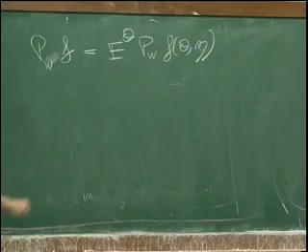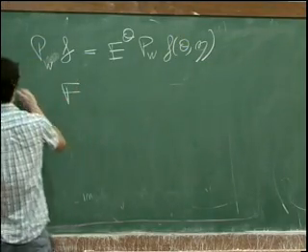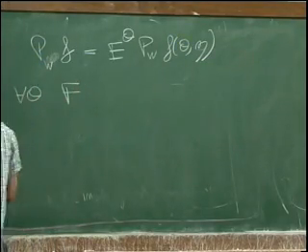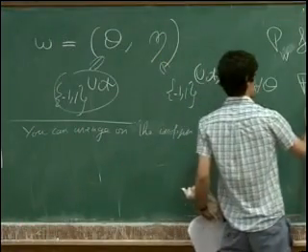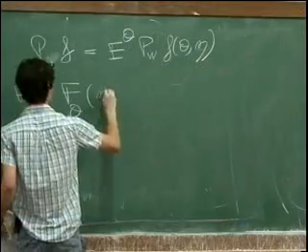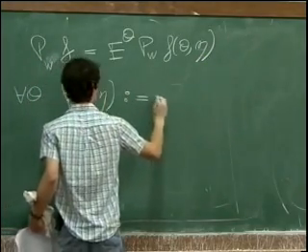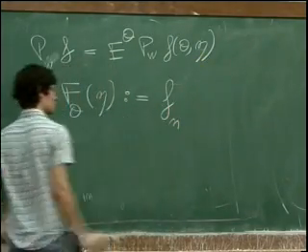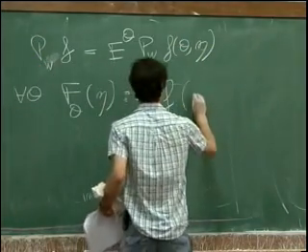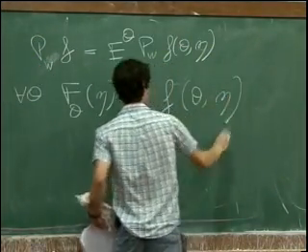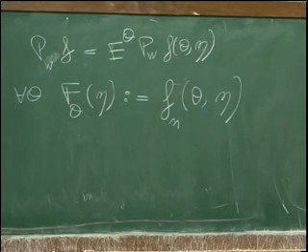Now let me define, for each configuration theta in this hypercube, the function to be just the initial Boolean function, our left to right crossing. But I'm just fixing theta, and I play with the variable eta. Okay, it's just a rewriting.